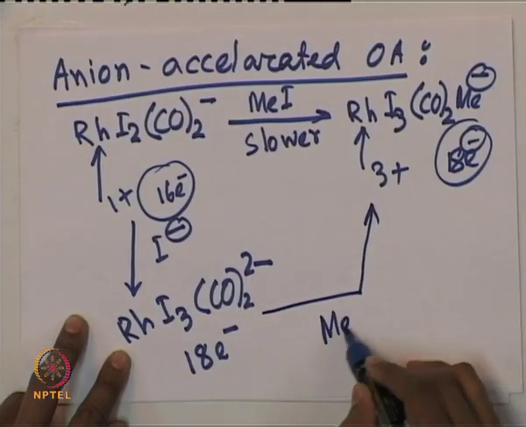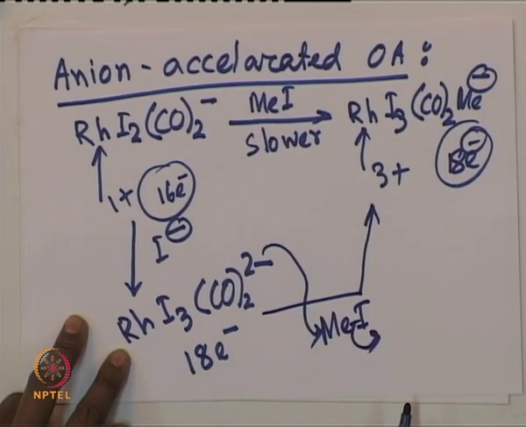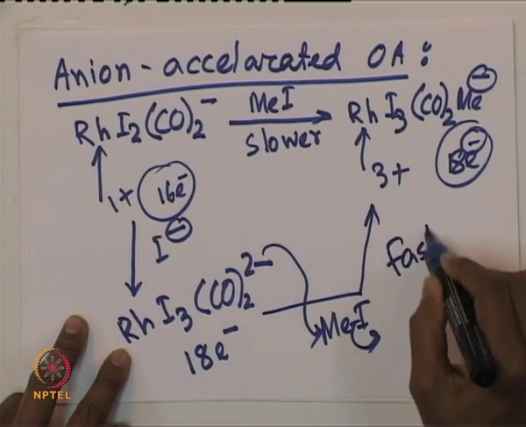That species is going to be much more nucleophilic compared to the starting 1 minus species. Since we have methyl iodide and the iodide salt together, after formation of the 2 minus species, it will add to methyl iodide quite faster to give the product.